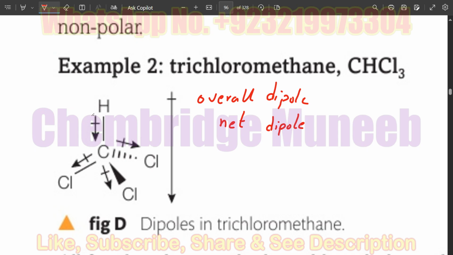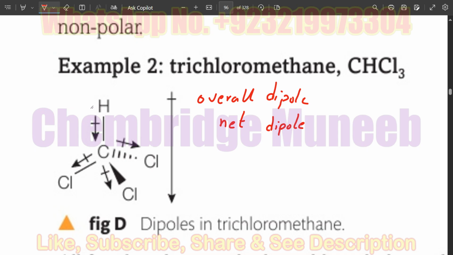And what's the reason? Why will it be this direction? Because chlorine is more electronegative than carbon, so it goes from carbon to chlorine, and carbon is more electronegative than hydrogen, so it goes from hydrogen to carbon.